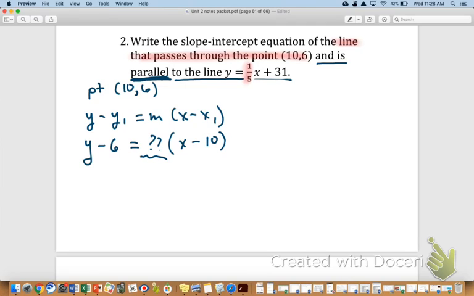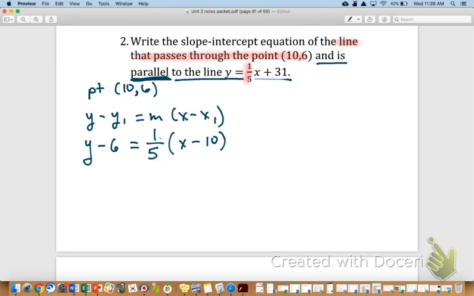The slope of that line is 1/5. And remember, parallel lines have equal slopes. So what do you think the slope of our line is? 1/5. So in place of that m, I'm going to put 1/5. Again, the principle is parallel lines have slopes that are equal. So if the slope of that line is 1/5, the slope of our line has to be the same thing because our lines are parallel.